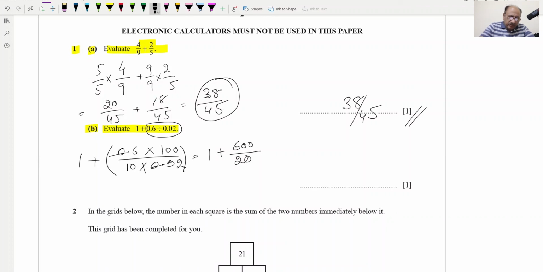Now we can cancel the 0s, and 2 30s are 60, and 30 plus 1 will be equal to 31. So 31 will be the final answer for this one. It's a 1 mark part which we are done.